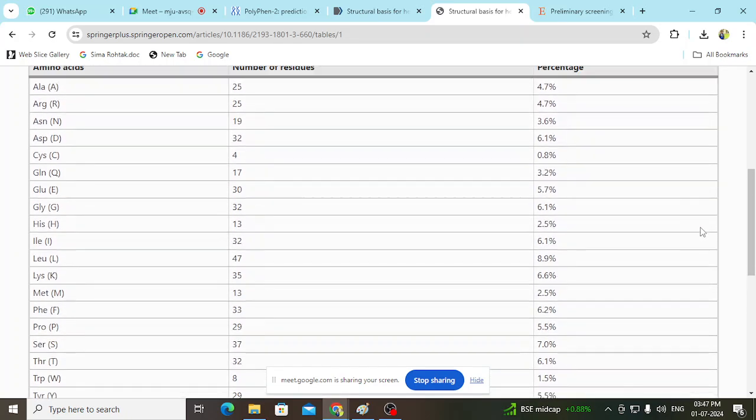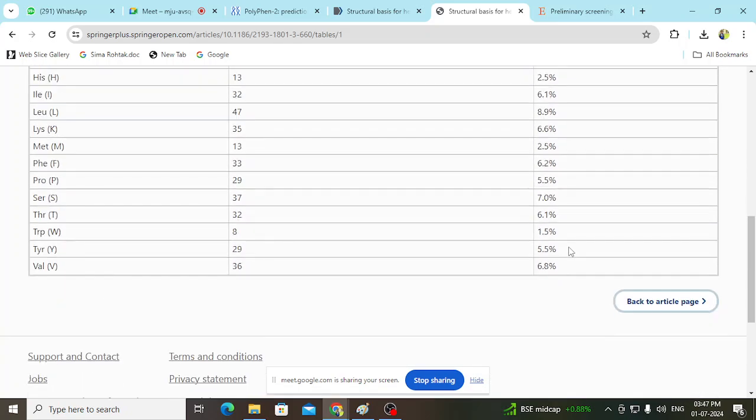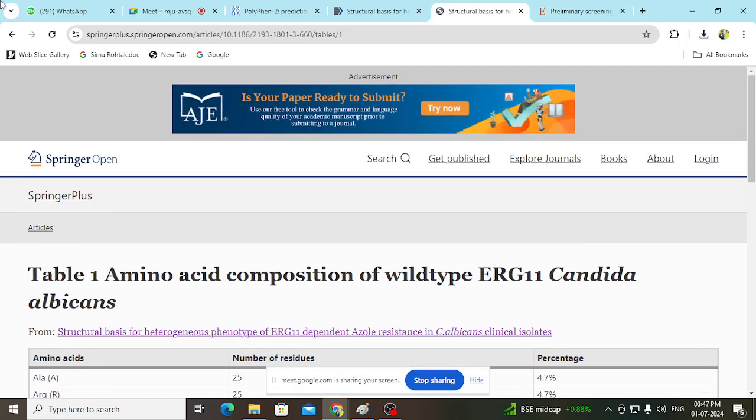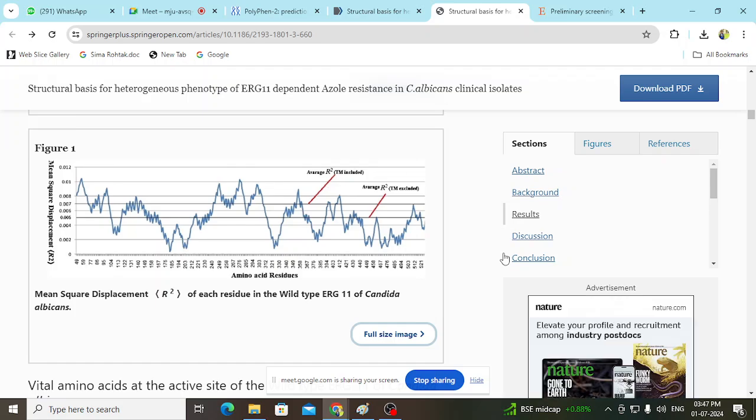In this table we identified what are the different amino acids present in the whole protein, the ERG11 protein. Okay, then I want to show you some images. There is a method called molecular dynamic simulation. In that, you have designed a protein, right? By Rasmol, you have seen a designed protein.